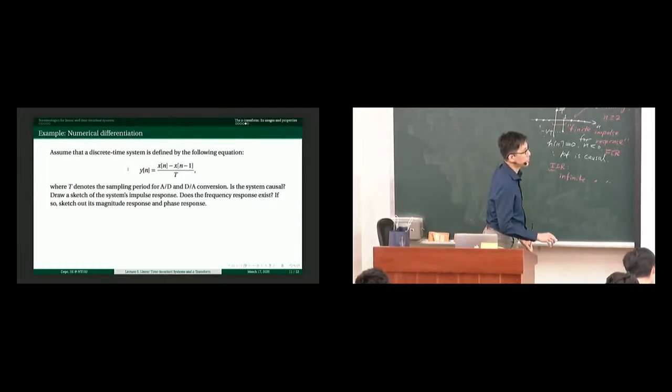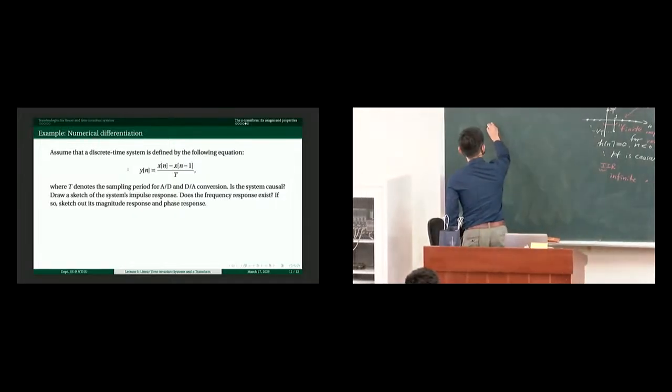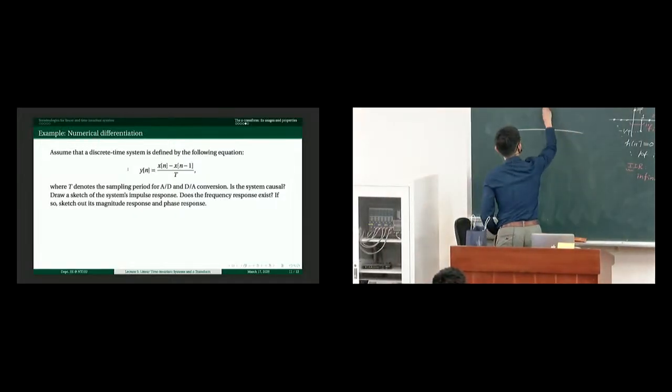So what's that? The magnitude response, the absolute value of big H of e to the j omega, is the magnitude response as a function of frequency: 2 sine.